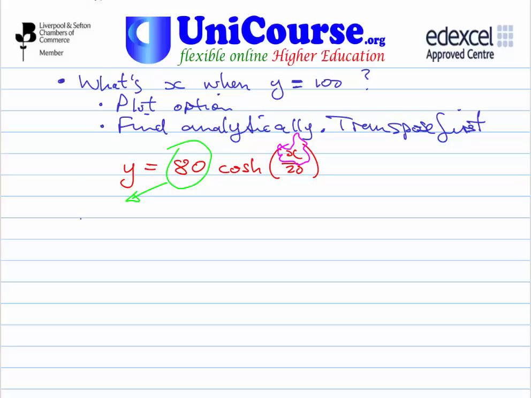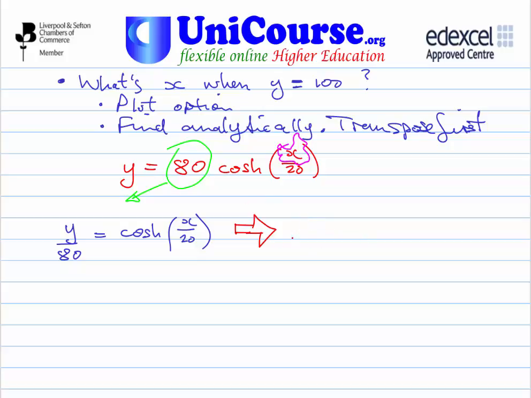So you will then end up with y over 80 equals cosh of x over 20. Okay, the x is wrapped inside of that cosh function there, so what we can do is say to ourselves, okay, why don't we take the cosh minus 1 of both sides?